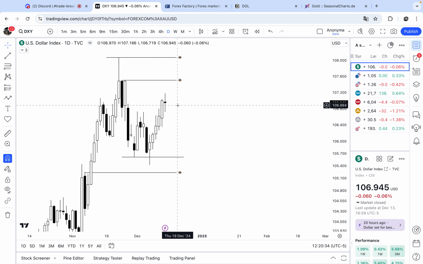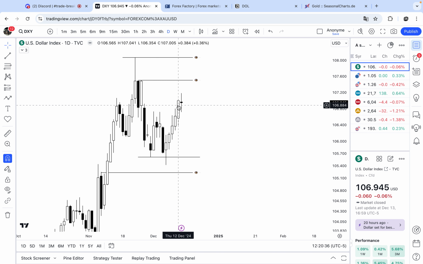What should we follow, the DXY or the Euro? DXY first, always. You need to have a narrative on DXY before trading the Euro or GBP. You need to look at DXY first all the time for your bias.